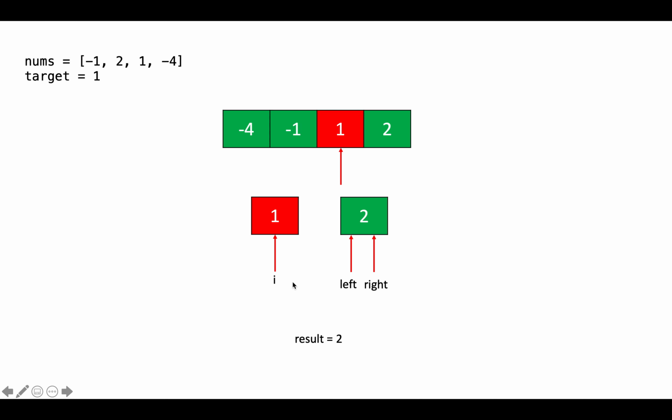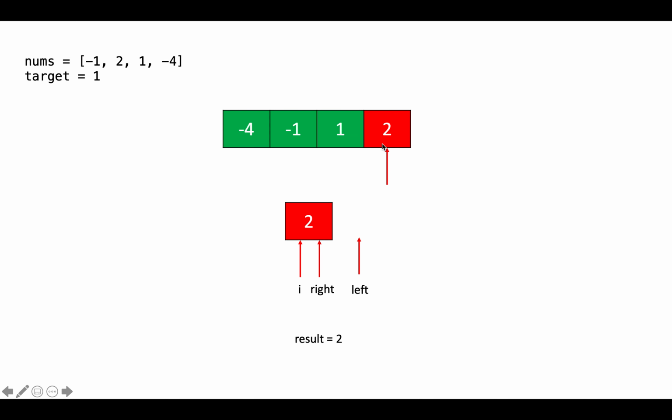Then another thing is to traverse the element at index 2. This time we have 2 parts, and this part is fixed, and we want to find 2 other elements. However, at the beginning, our left pointer is no longer smaller than our right pointer, so it means that we do not have 2 elements in this part. So we can return our result directly, which is 2. We do not need to update it.